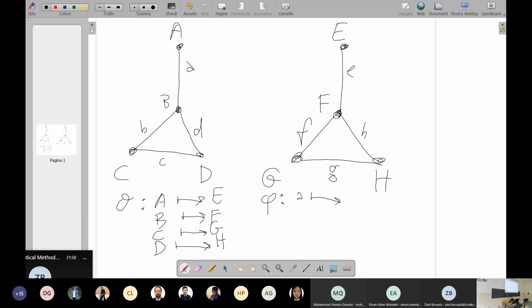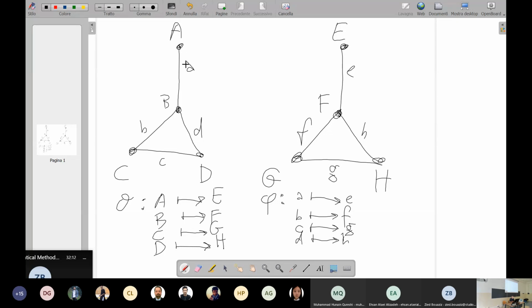Small a to small e, small b to small f, small c to small g, and small d to small h. Okay? And this is a good isomorphism. It is actually an isomorphism.